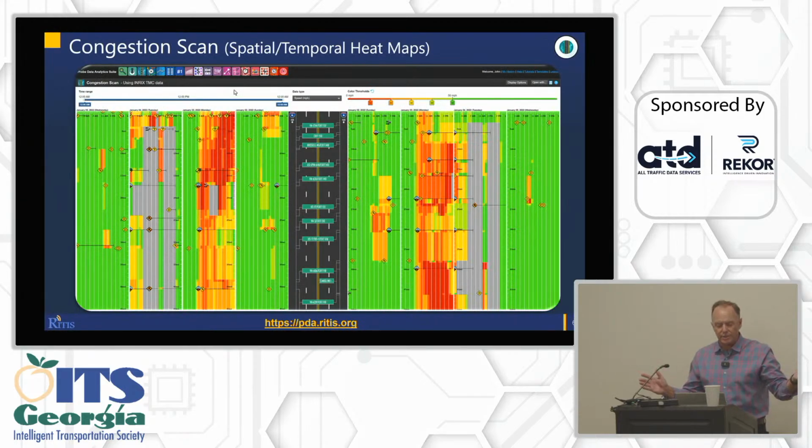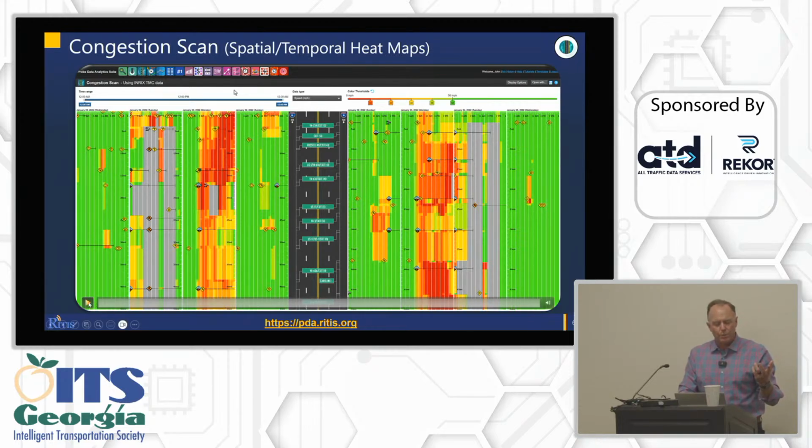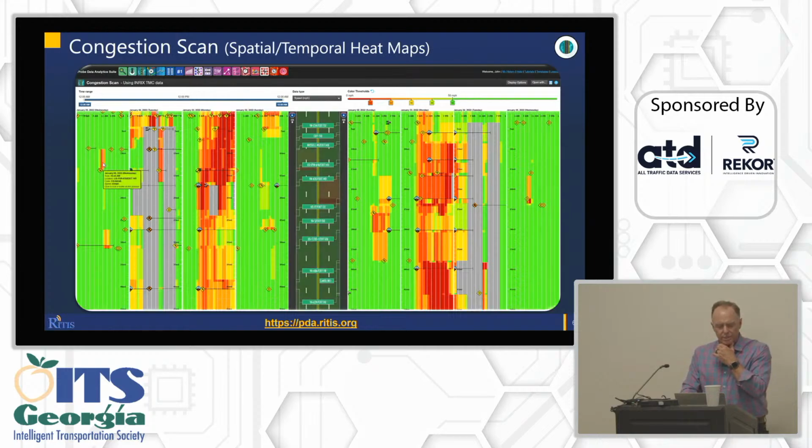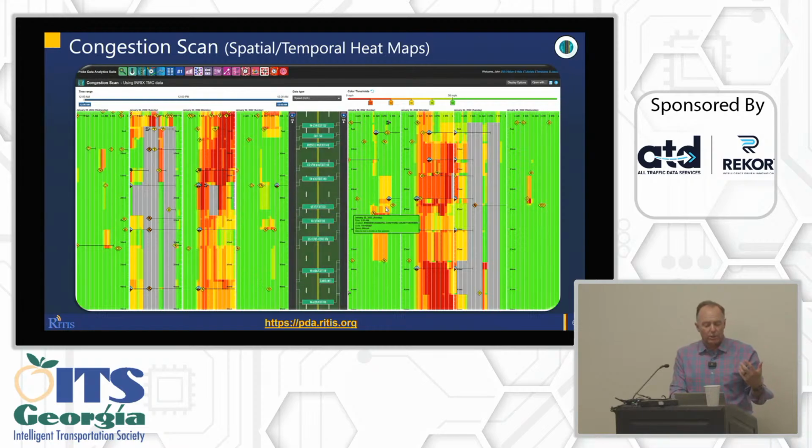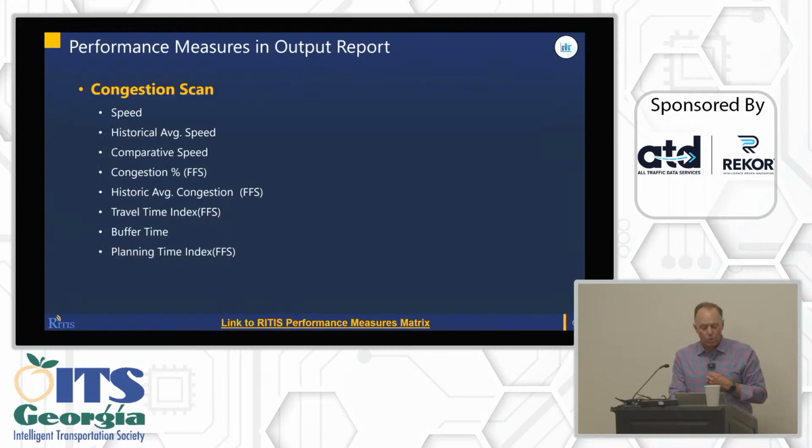Performance measures. I didn't pause on the congestion. This is a congestion scan, probably the most popular tool within RITIS because, generally speaking, it's the most widely adopted and accepted way to look at congestion patterns along a corridor.